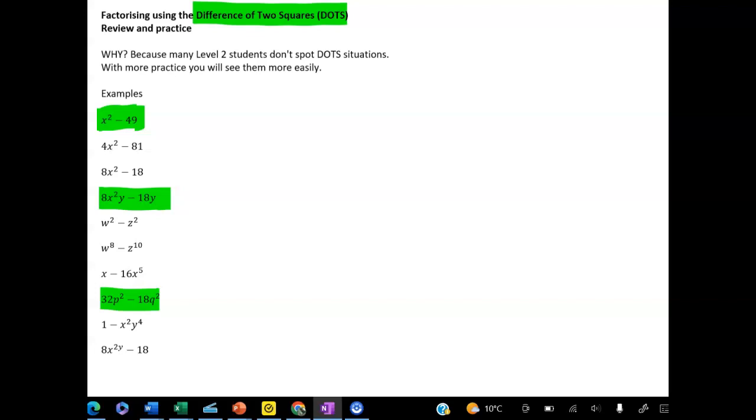Okay, so really quickly going over this pattern, if I've got x squared minus 49, what I'm noticing when I see that and I'm asked to factorise is that I don't have an x term in the middle. Okay, so I've really got x squared plus 0x minus 49.